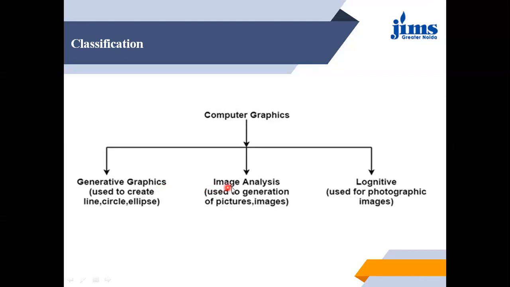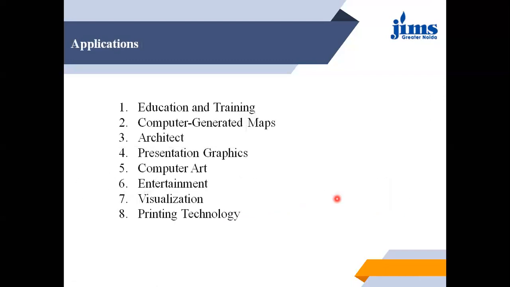Then image analysis is used to generate pictures or images, and this is used for photographic images. When we have to perform some operations on photographic images, then an algorithm is used.